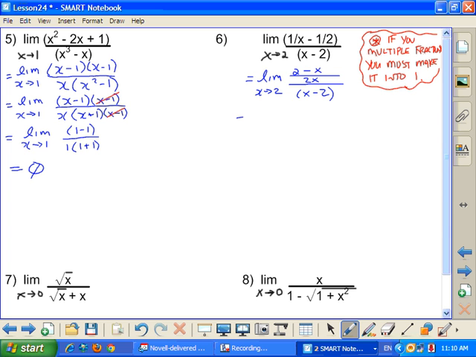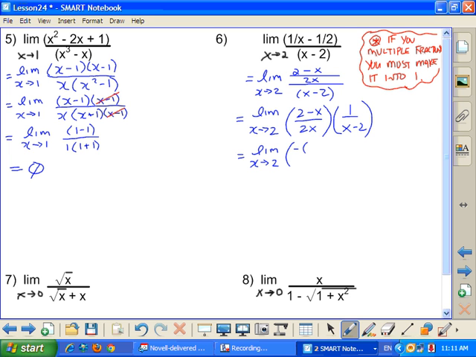So now we have stacked fractions. Remember that we never divide fractions. So we leave the top fraction, 2 minus x over 2x, and we flip the second fraction. So x minus 2 over 1 becomes 1 over x minus 2. We see that the 2 minus x and x minus 2 are very, very close to being the same, and in fact they are. We just have to factor out a negative.